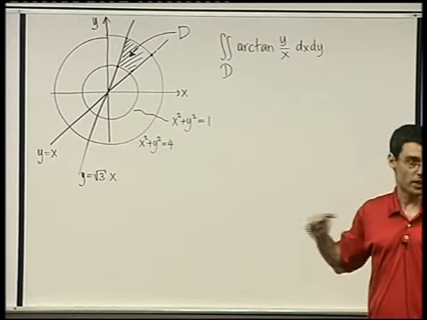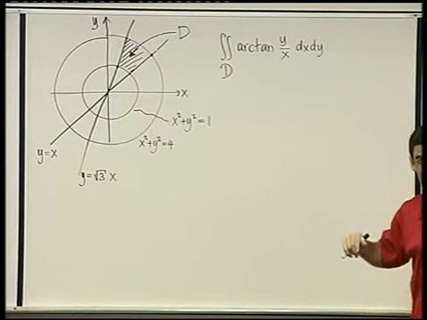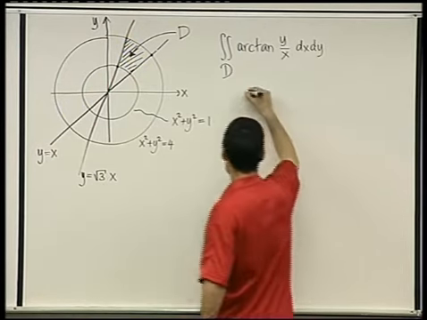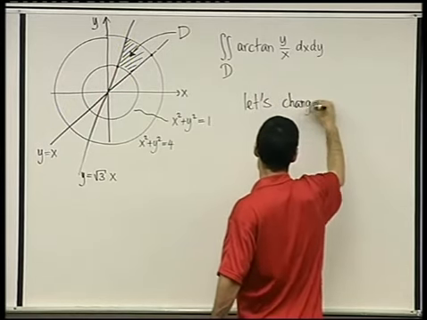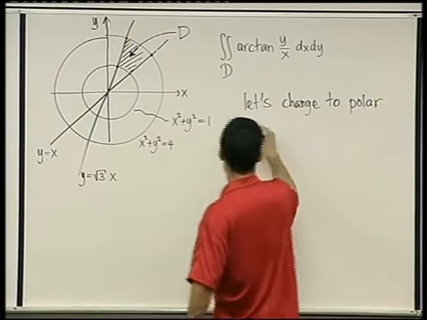I'm going to call them r and theta. Okay? And that hints that I want to use polar coordinates. We have encountered those before, for example, when we calculated limits, remember? Okay? So let's change to polar coordinates.